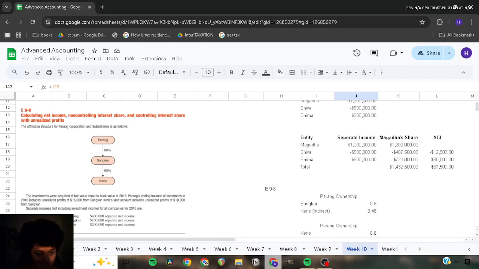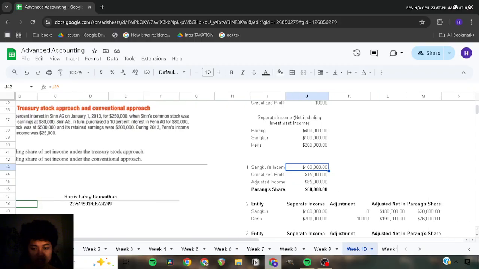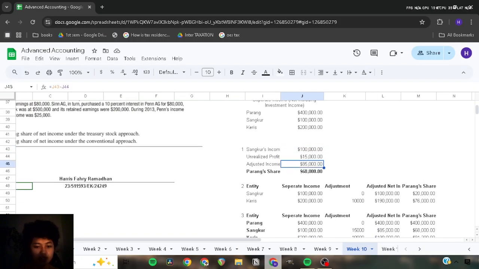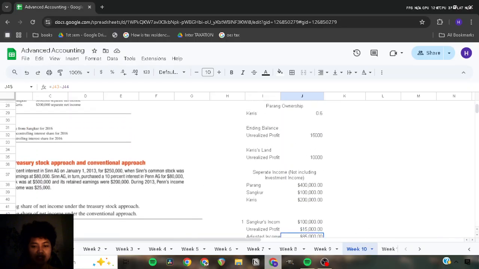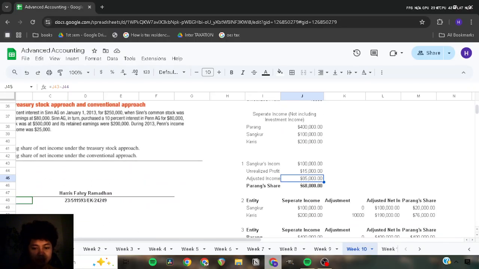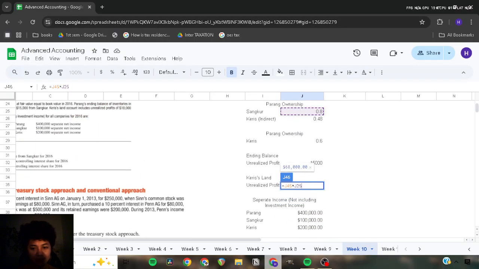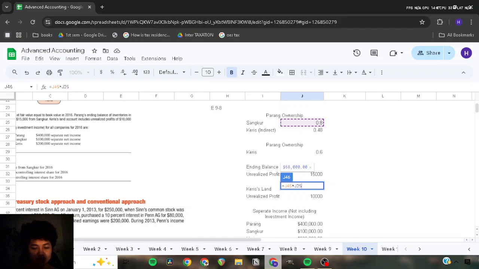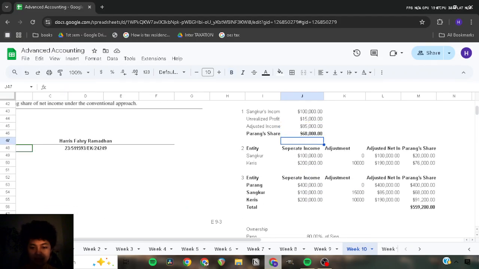It's mentioned in the question that there's an unrealized profit here, so you need to adjust it. And you'll get that, and then you multiply by the ownership share. In this case, I multiply it by 0.8 since Parang owns 80% of Sancor.